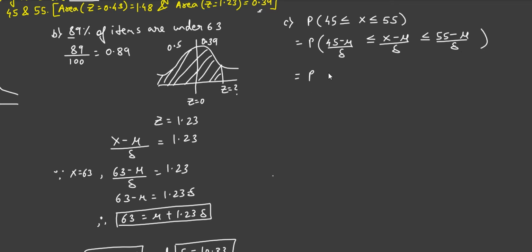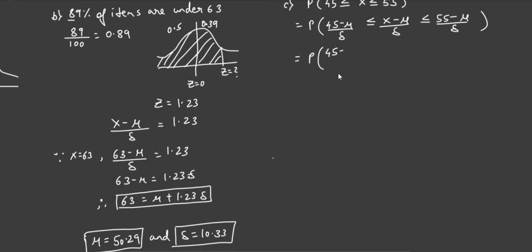So the probability is equal to, we put the values, (45 minus 50.29) upon 10.33, and this is z, this is the formula.